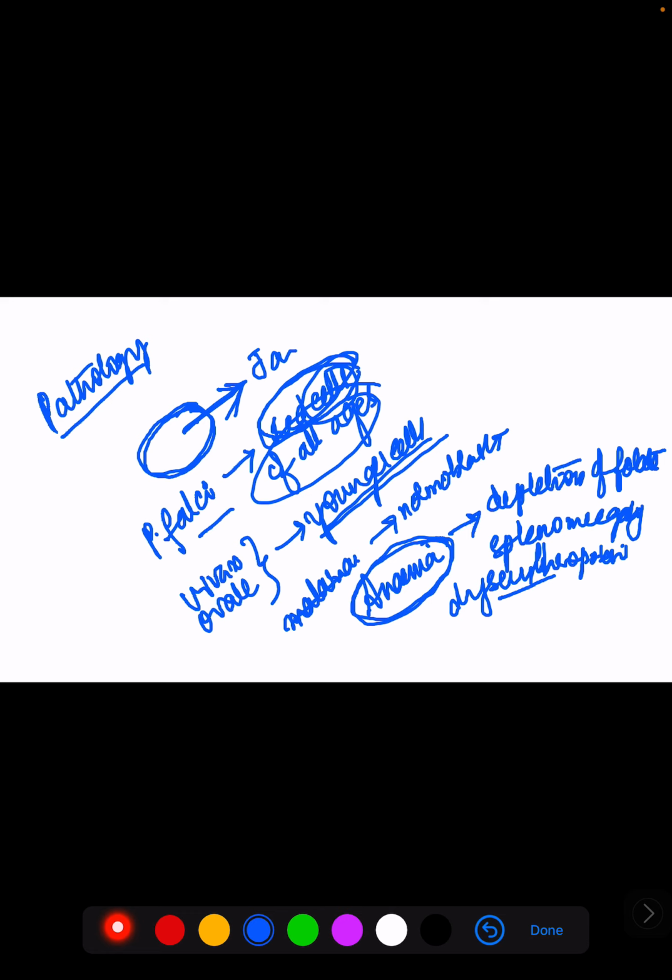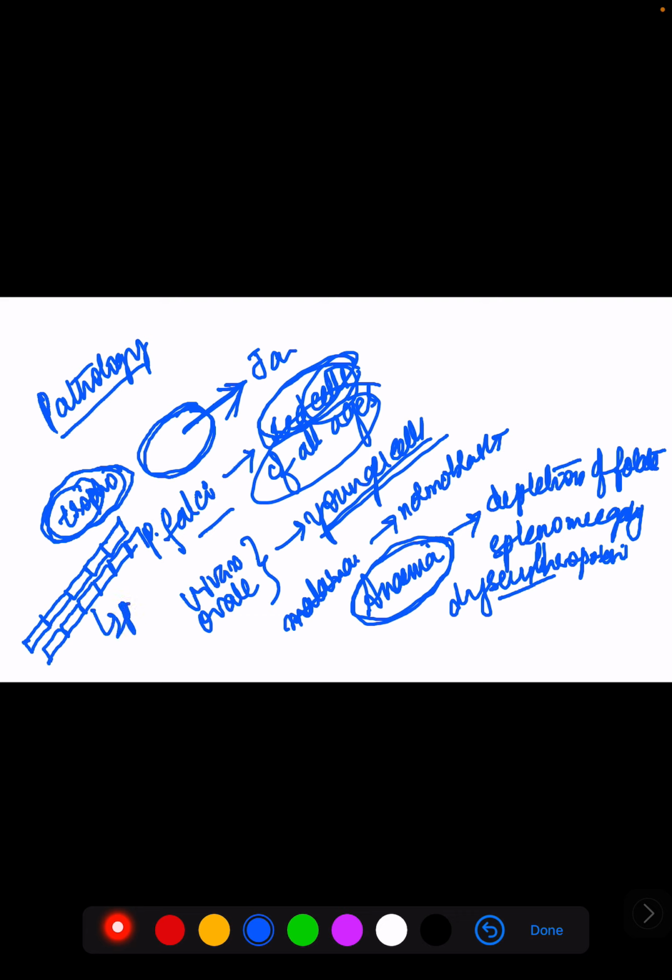So red cells infected with malaria undergo hemolysis. In Plasmodium falciparum, the red cells containing trophozoites will adhere to the vascular endothelium in the post capillary venules.